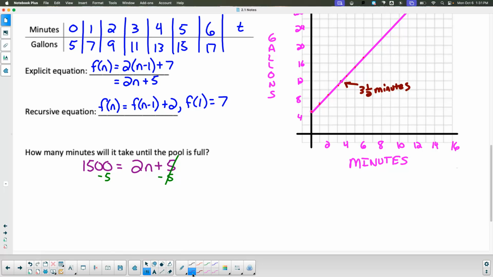That gives me 1,495 equals 2n. Divide both sides by 2. Love it.